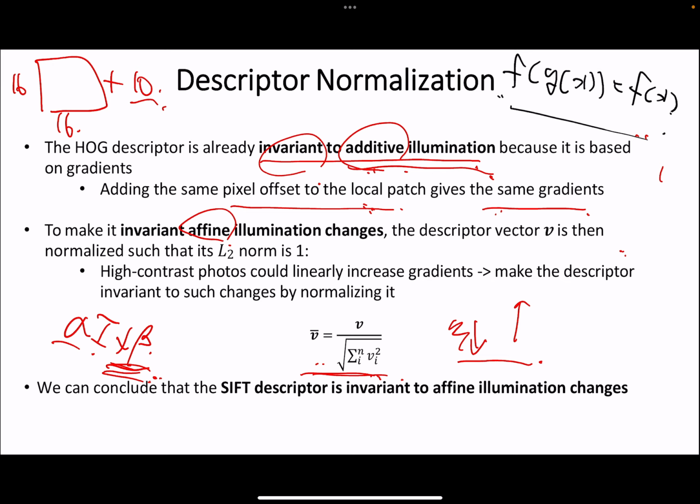Plus beta is already invariant, multiplied by alpha, we normalize it, so the alpha is canceled. So our SIFT descriptor is invariant to both additive illumination changes and affine illumination changes. Actually, affine illumination changes include these additive illumination changes anyway. So we can conclude that the SIFT descriptor is invariant to affine illumination changes.